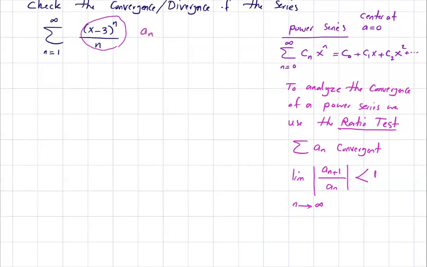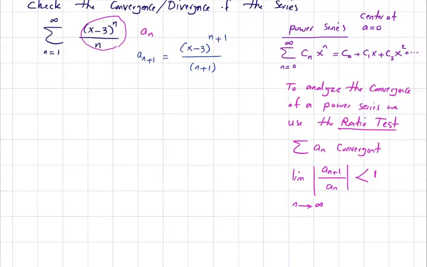So a_(n+1) is equal to (x minus 3) to the power n plus 1, divided by n plus 1.